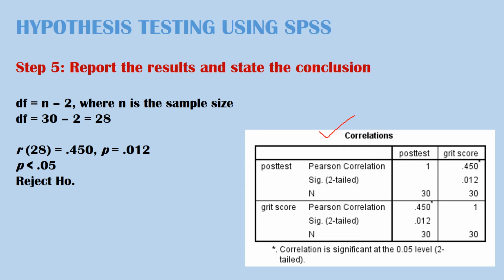Now in this table, it shows the relationship of post-test and post-test to be, of course, 1, being the highest or the perfectly positive correlation. As post-test increases, of course, post-test also increases. And then the relationship of post-test with grade score at 0.450, which is statistically significant.